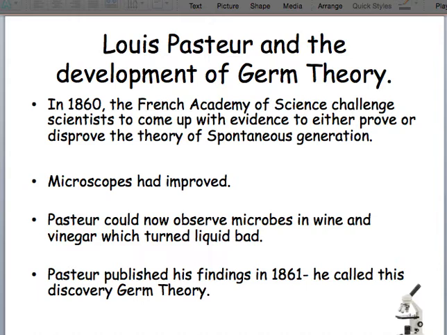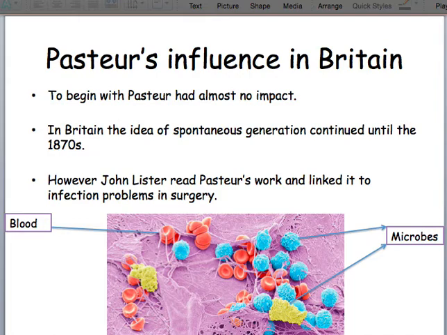But he'd yet to be able to provide evidence. And this meant, therefore, it was difficult to try and sell or try and convince other people that his work was right. And we can see that happening in Britain.